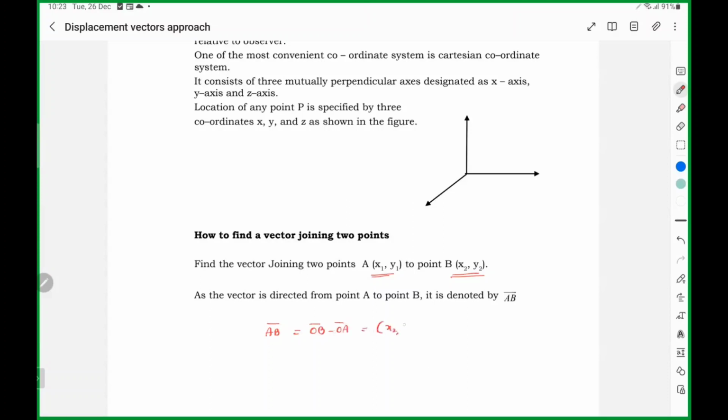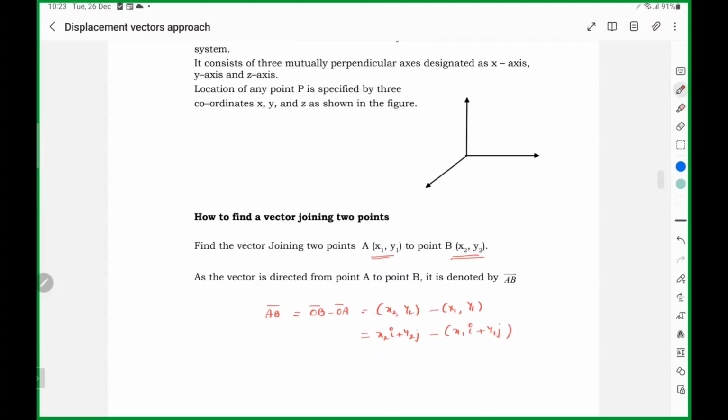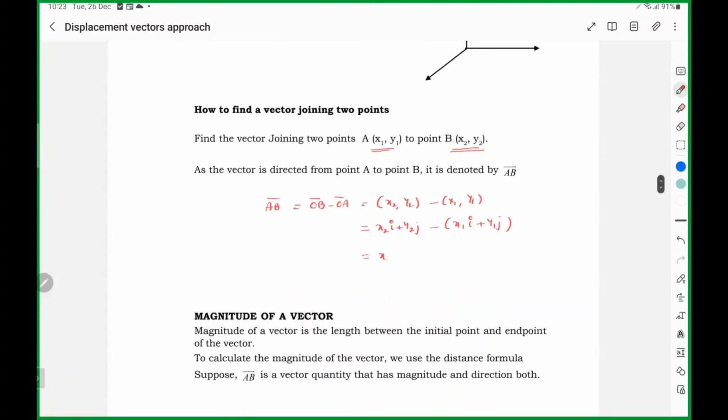From the Cartesian point of view I write like this; from the vector point of view I'll write like this, which is (x2 minus x1) i plus (y2 minus y1) j. This is that line vector.